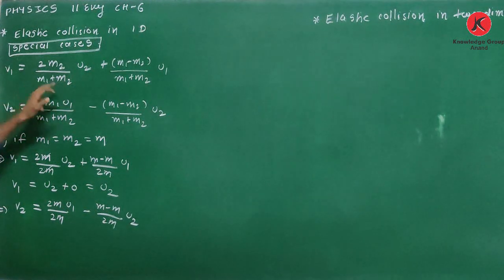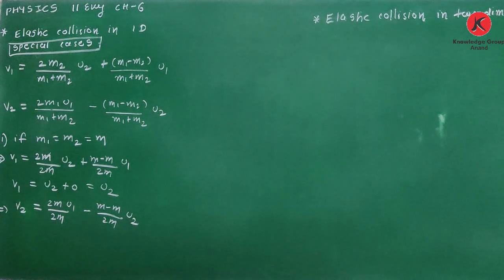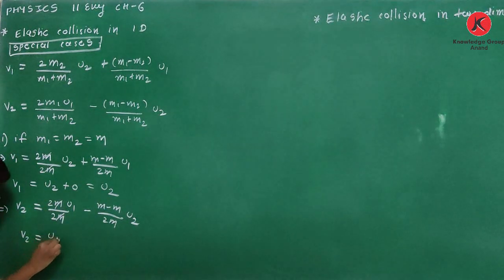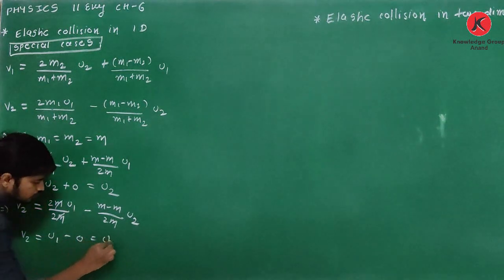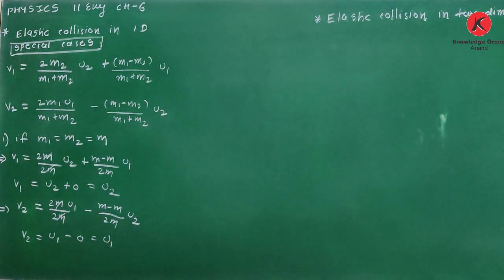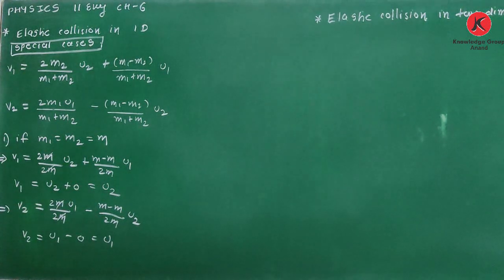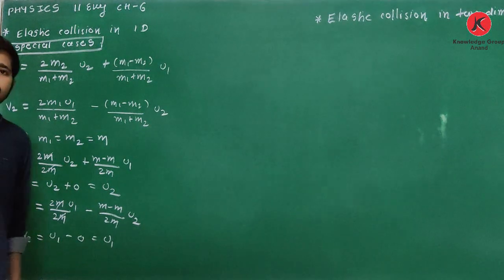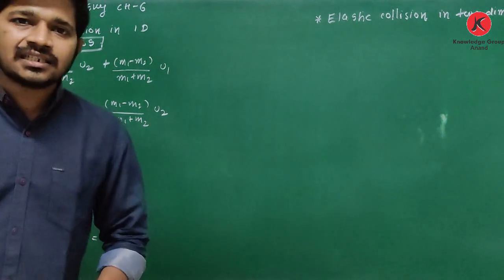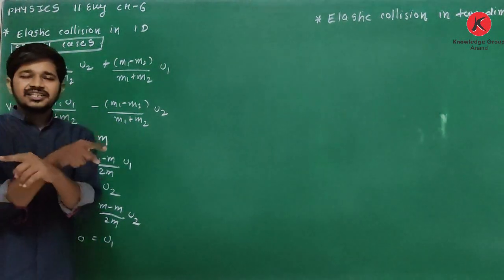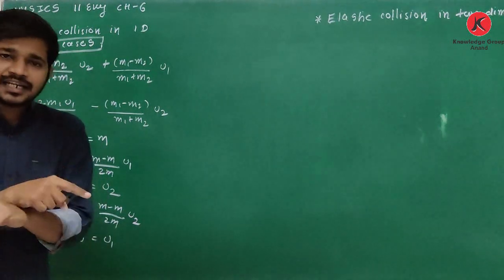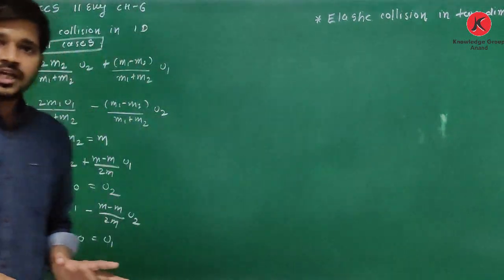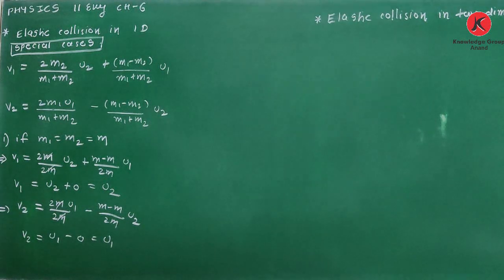You have to replace m1 and m2 by m, because if their masses are the same, this term will become 0. 2m cancels. So v2 is equal to u1 minus 0, which is u1. See, it is very simple. v1 is equal to u2 and v2 is equal to u1, meaning in such a collision their velocities are interchanged. Clear about this?